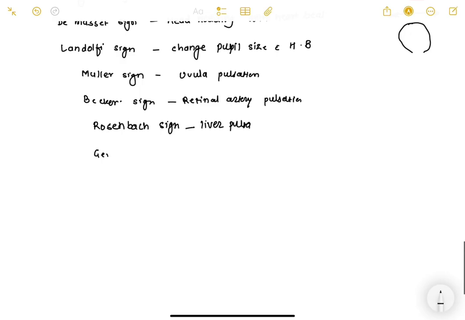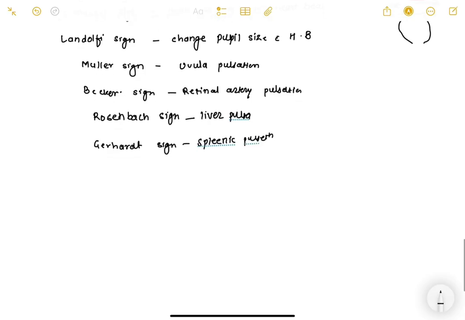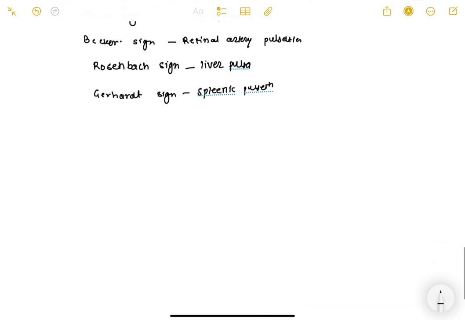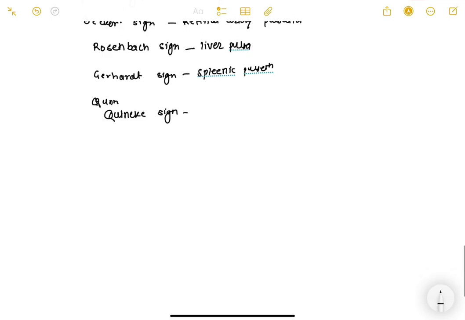Then Gerhardt sign, it's a splenic pulsation. Then there is a Quincke sign, it is digital capillary pulsation.